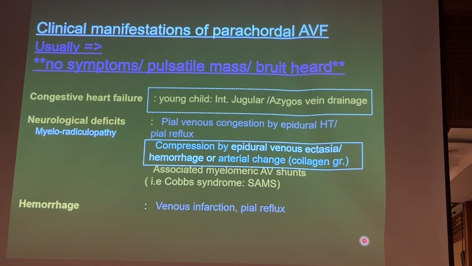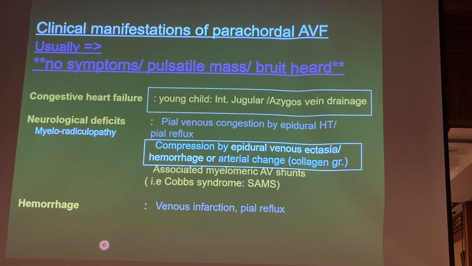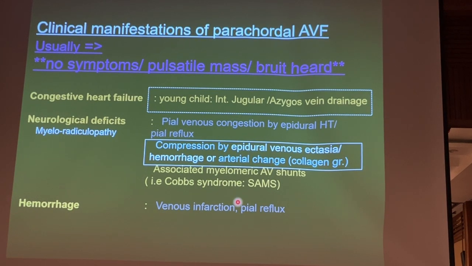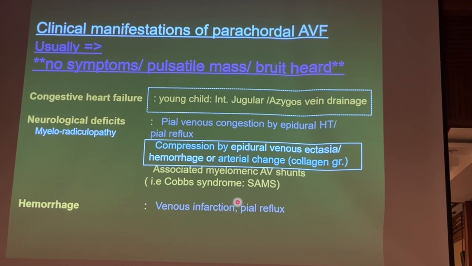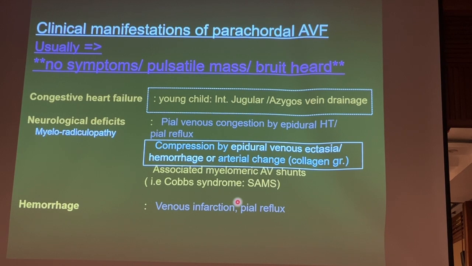How about the symptoms? Usually this type of fistula has no symptoms or very mild ones, such as a pulsatile mass or bruit heard by the mother or by the physician who takes the examination. In a very, very young patient, systemic congestive heart failure can occur.